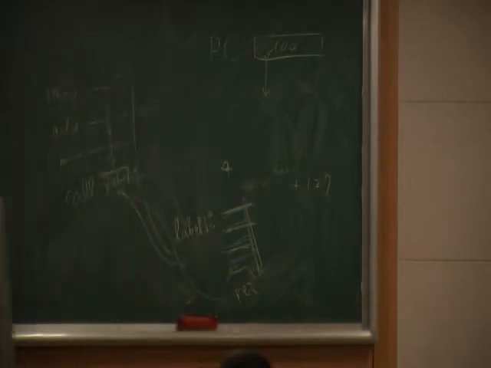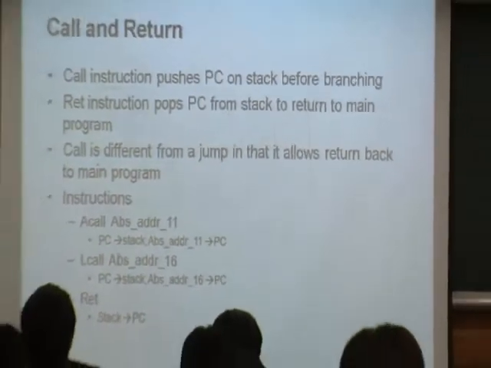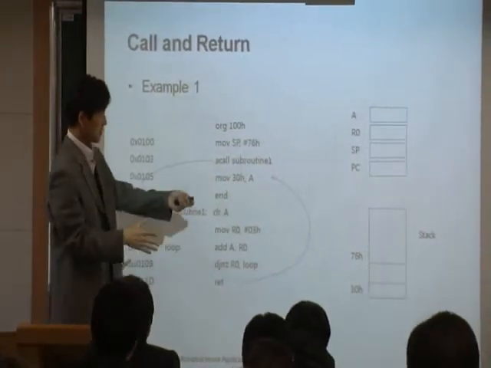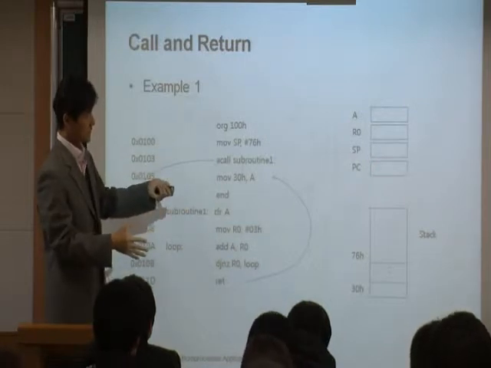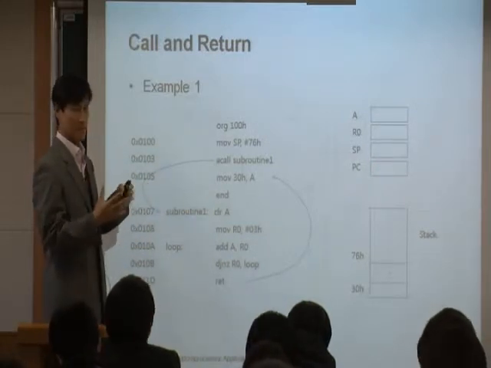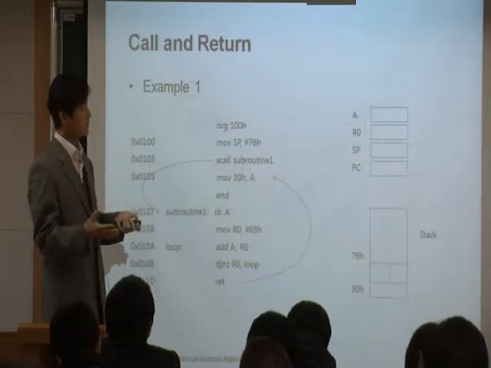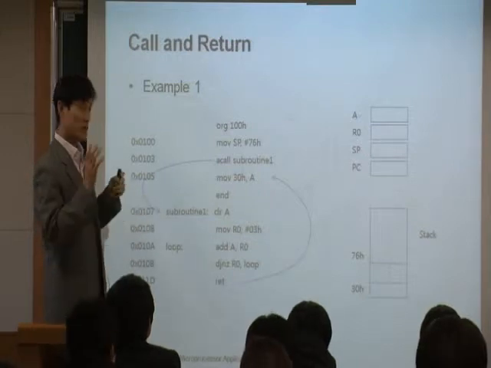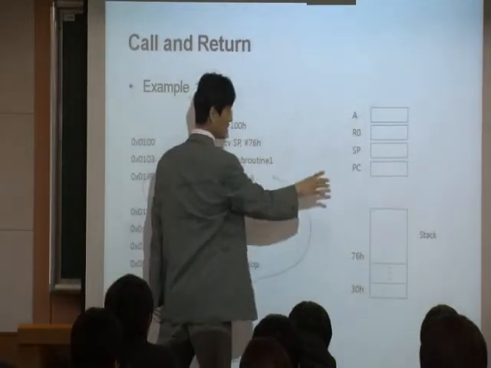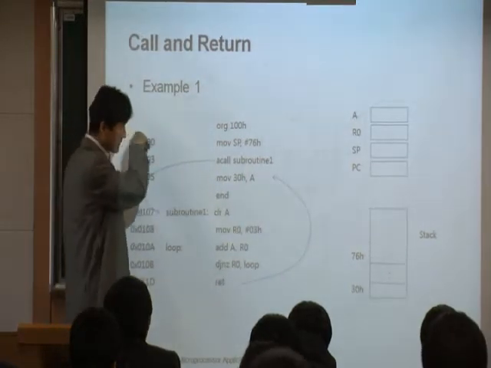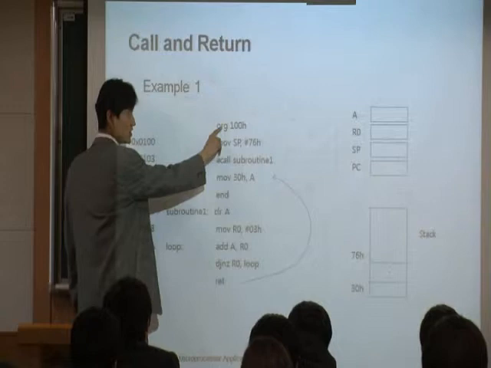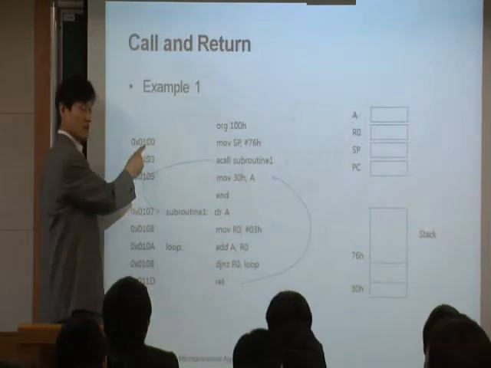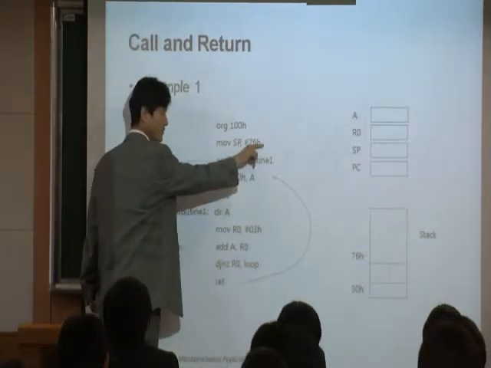Actually this is the next slide, but let me tell you what this means. When you do the lab using the emulator, you want to look at the value here. Every time you look at this kind of value, you need to be careful. You have to watch how this value changes. Let's say this is originated at 100H, so this is my starting point. Let's say I execute this one, my first instruction.